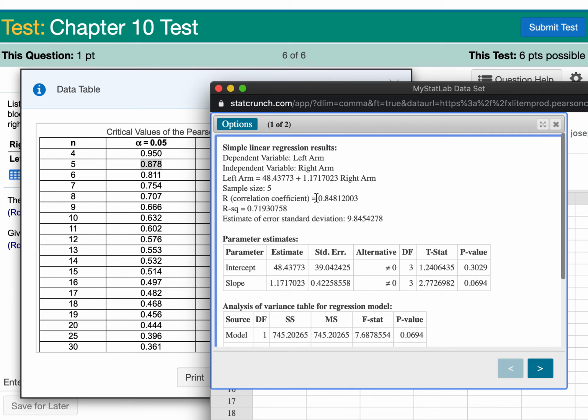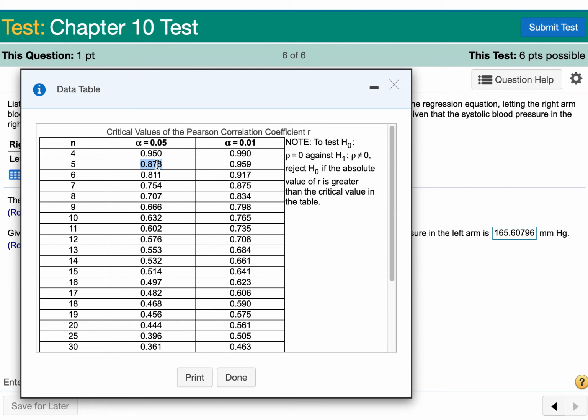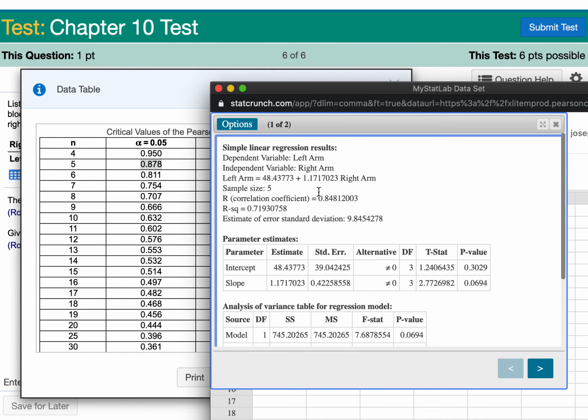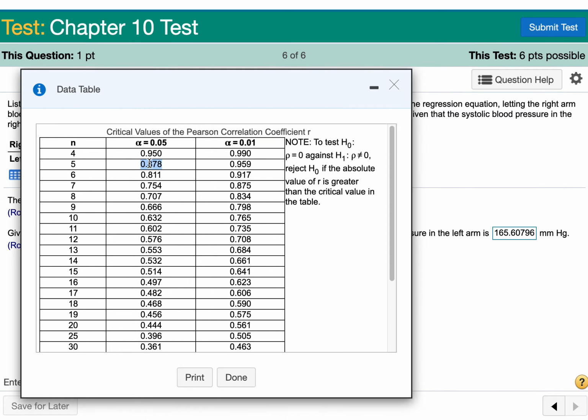So since this value of R is not big enough to be reliable, because 0.878 is the minimum value that's reliable, that means we cannot use this equation to make predictions. So 0.848 is not big enough to be bigger than or equal to 0.878.